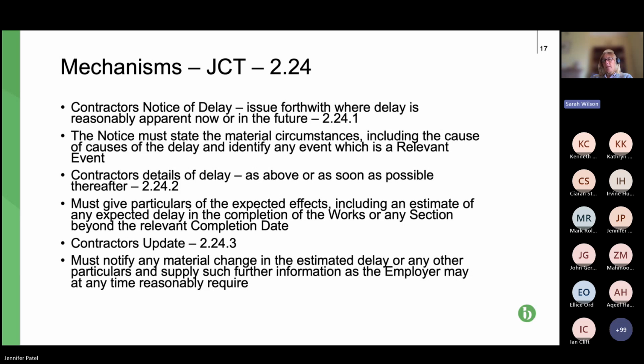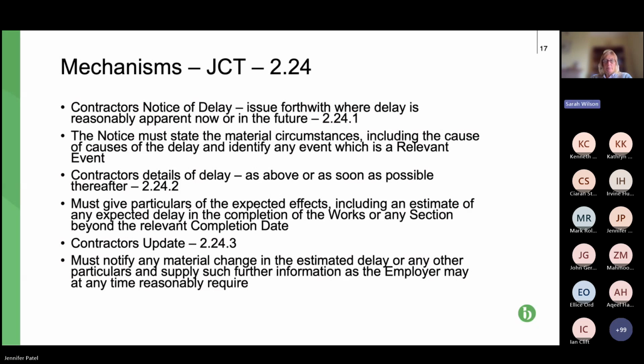Now, the key thing here is it has to be issued forthwith, so that's immediately, where a delay is reasonably apparent now or in the future. So if today on a JCT project it becomes apparent to you that either there is a delay or there is going to be a delay in the future, today arguably is the date that this notice needs to be served.